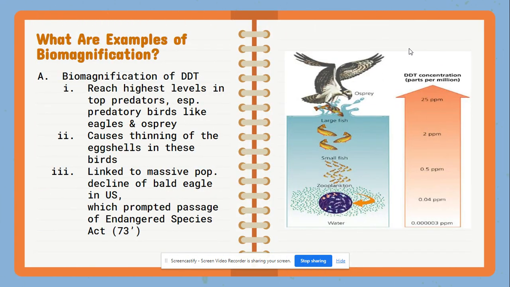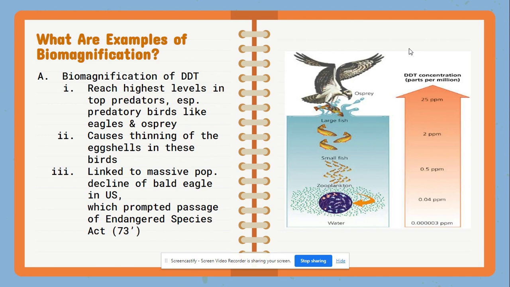Now, some examples of biomagnification. A classic example was actually the biomagnification of the pesticide known as DDT. DDT was used to eliminate mosquitoes. It's been phased out in the United States at this point.